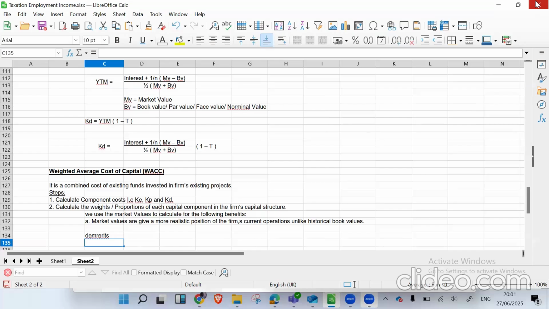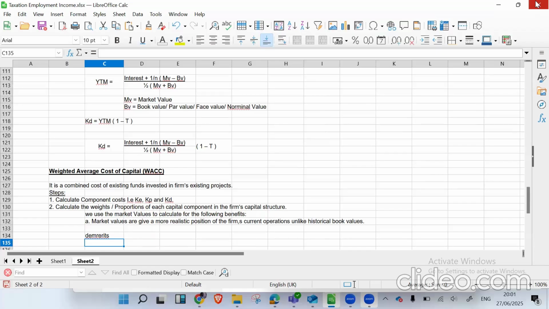So the price ya asubuhi ni tofauti na price ya mchana, lakini hapa tumesema price ni 30, so inabaki 30 forever. That is not very realistic.